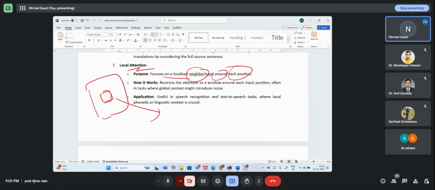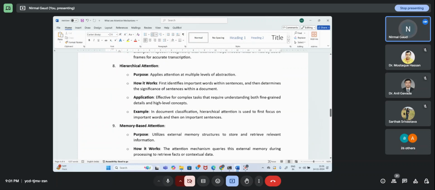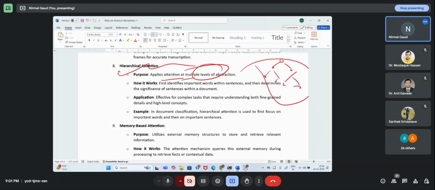Apply attention on this, not on the entire data. We have hierarchical attention also. It applies attention at multiple levels of abstraction. Hierarchy, you very well know. So we can perform attention in this way also.